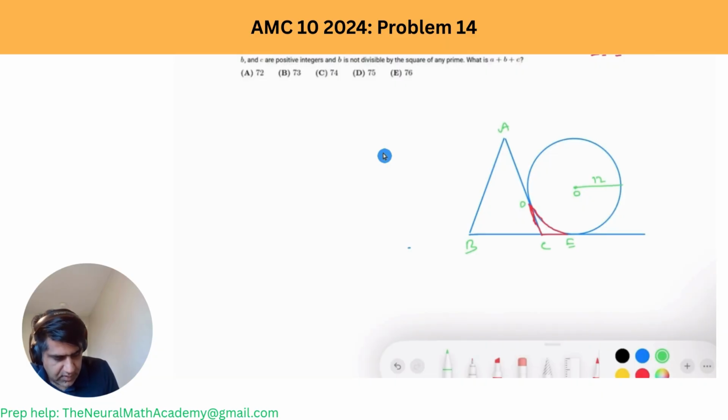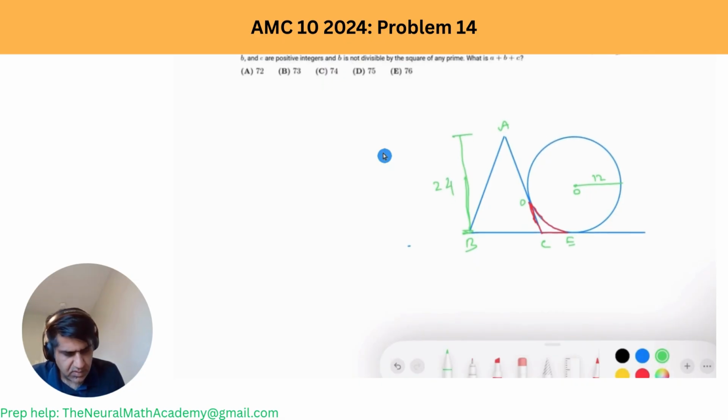And the height that I get from here to here, that is given as 24. So to find the area of the sector, what I can do, I can simply create a trapezoid. Okay.